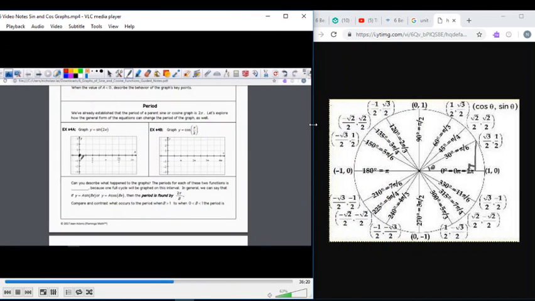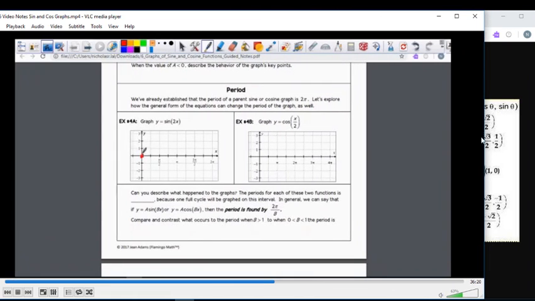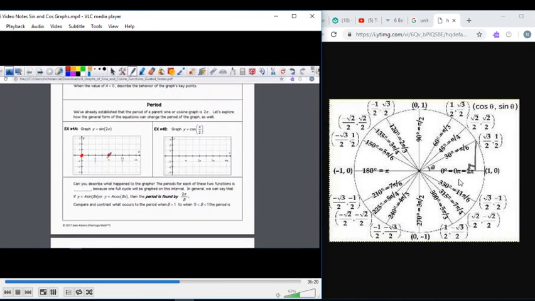So that's actually going to be a horizontal compression. Now let's look at right here. So that means instead of having a period of 2 pi, because it takes us 2 pi radians to go across the entire circle, here we're going to have a period of pi because we complete all the angles in the unit circle twice as fast when we have a 2 multiplying our input value.